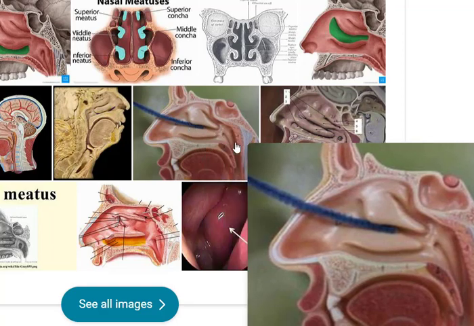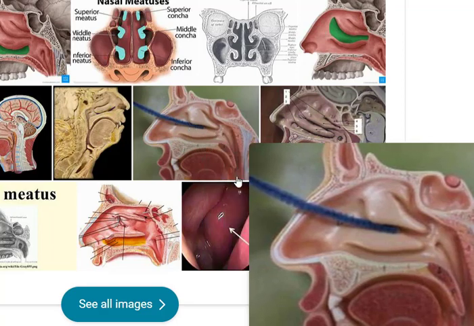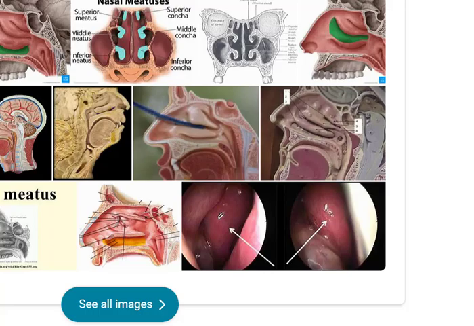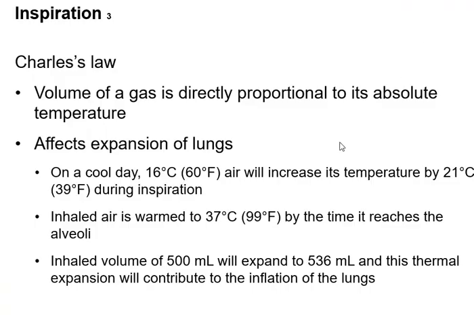So as the air comes in, it gets warmed up. And this helps with the exchange of gases. So using Charles' law, as you warm the air, as it goes into your lungs, the warmer it gets, the more it spreads out. And so you're able to inflate the lungs because the gases are spreading out because they're warming up.